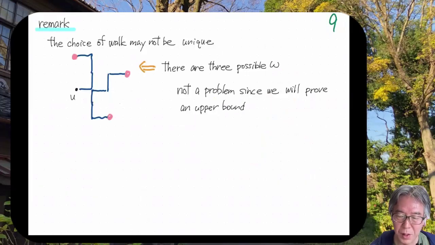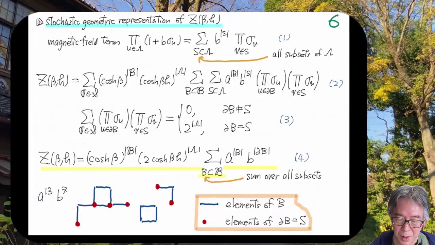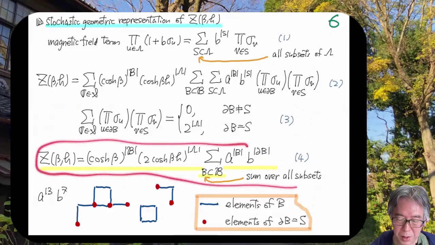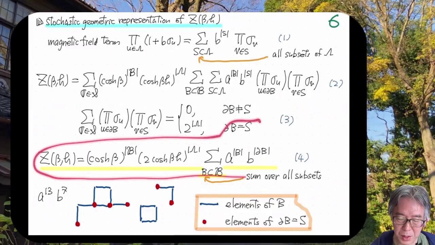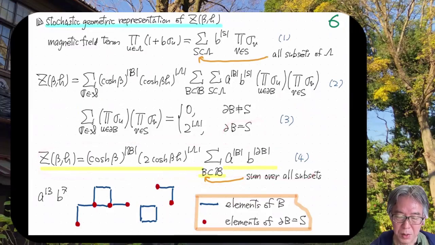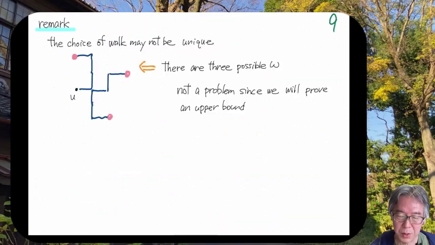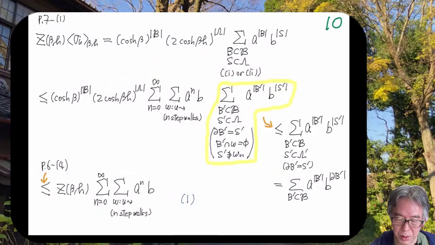Let me show page 6. Page 6, number 4 is this summation. It's this stochastic geometric representation for ZBH. We had a very similar sum, but with the condition that dB must be equal to S, and we got this stochastic geometric representation. So where were we? Yes. We got this, and this is exactly the same as what we had for the partition function.